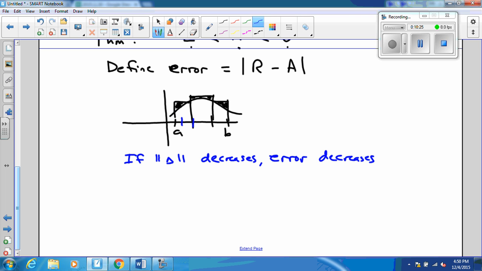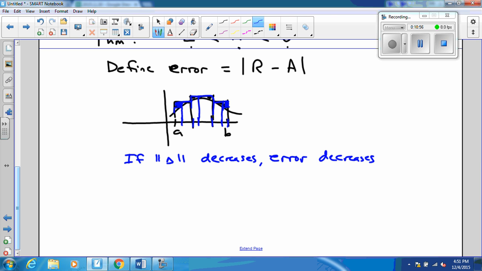Let's do that here. I've got this partition, so I'm going to now subdivide it. Sometimes people call that refining the partition, by taking each subinterval and dividing it into smaller subintervals. And if I now do an upper sum on my subdivided partition, then you can see that while I did not eliminate all of the error, I did eliminate a fair amount of the error.